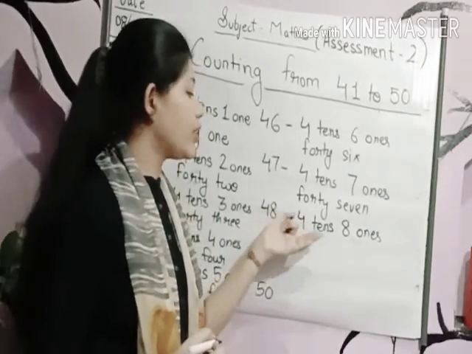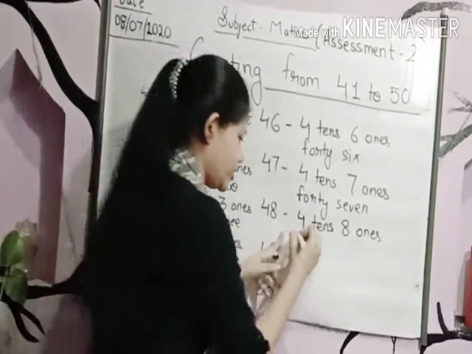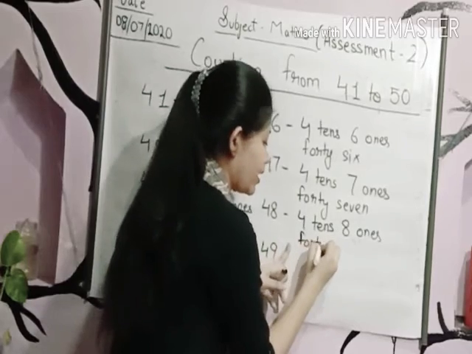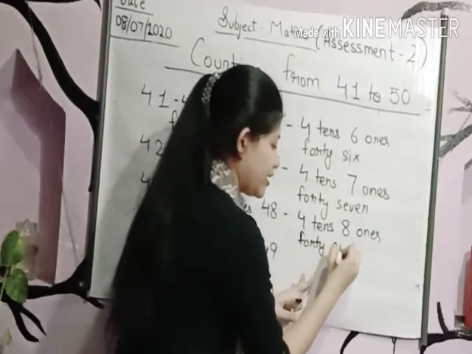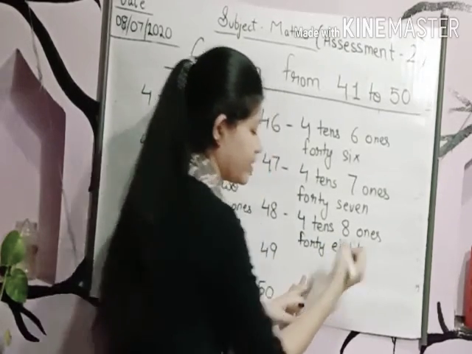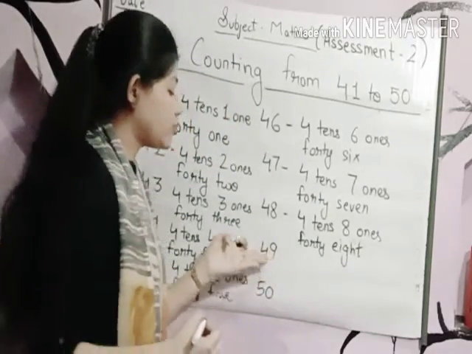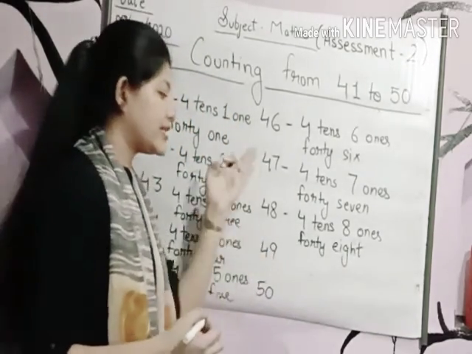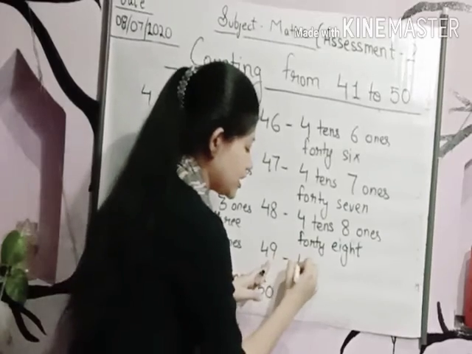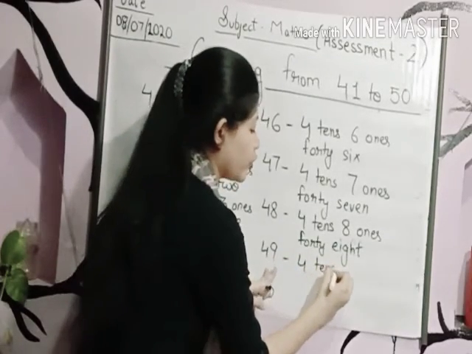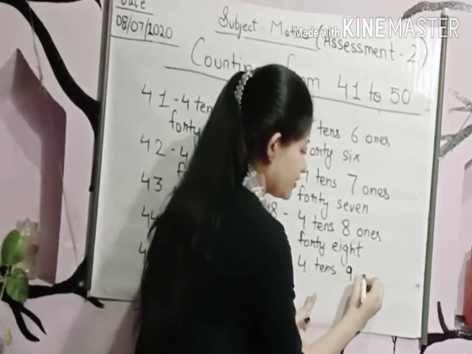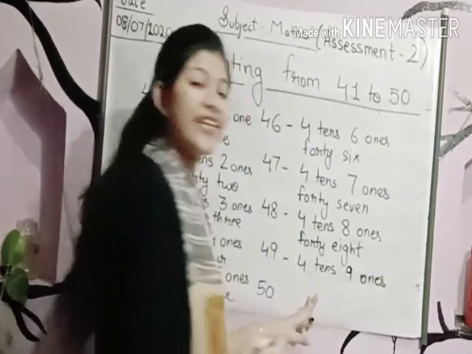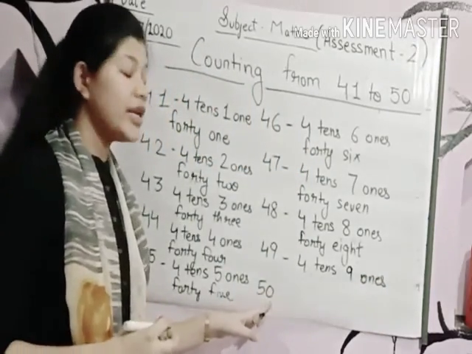Where 4 tens can be written as 40 and 8 ones will be 8. Clear? Now let's come to number 49. In the same way, we will write 49 as 4 tens, 9 ones.